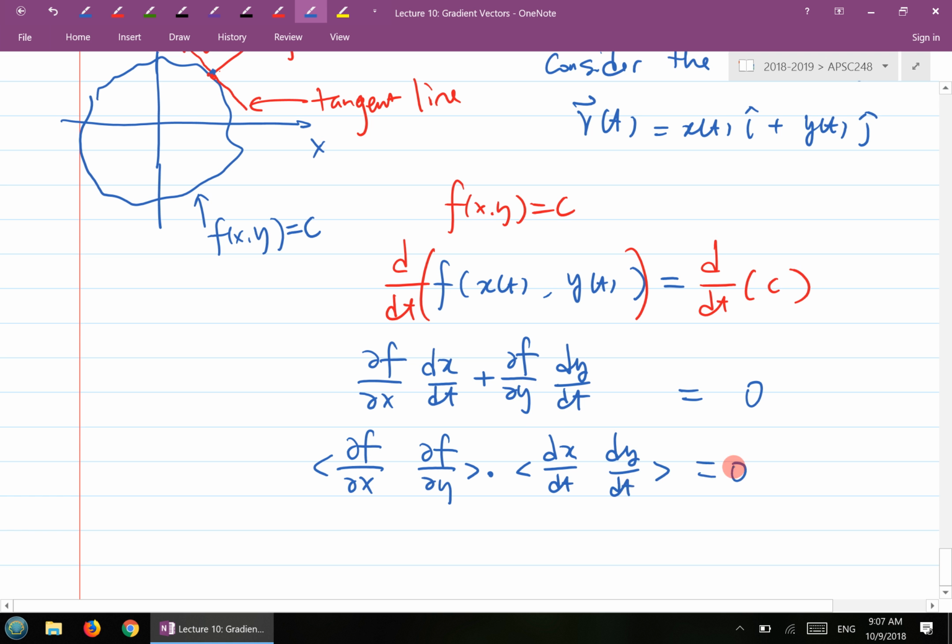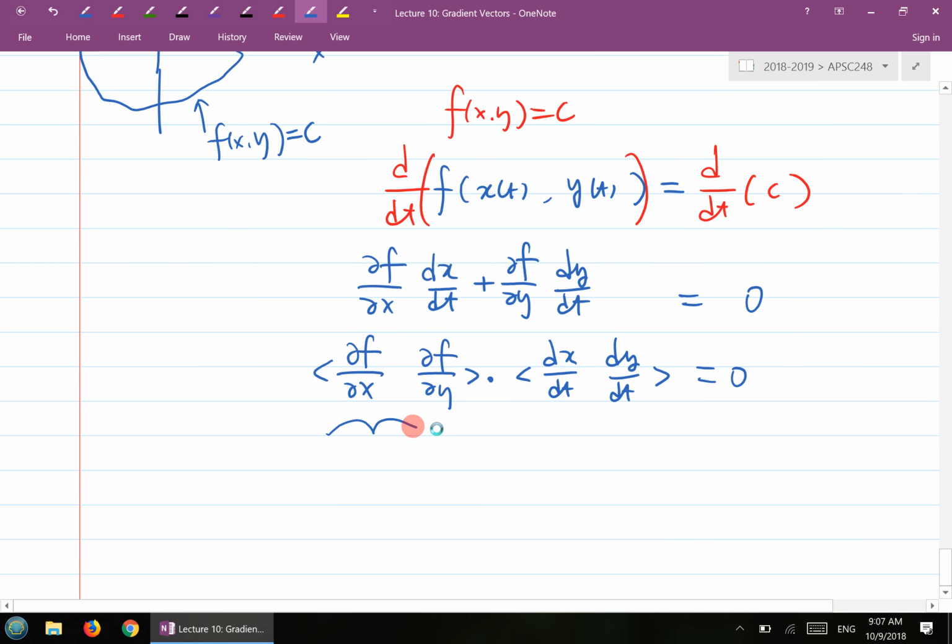Now you can see we have the first term, which happens to be the gradient vector, and the second term, which is the derivative of the parametric equation of that level curve. So you get essentially the gradient vector dotted with the derivative of the parametric equation equal to 0.